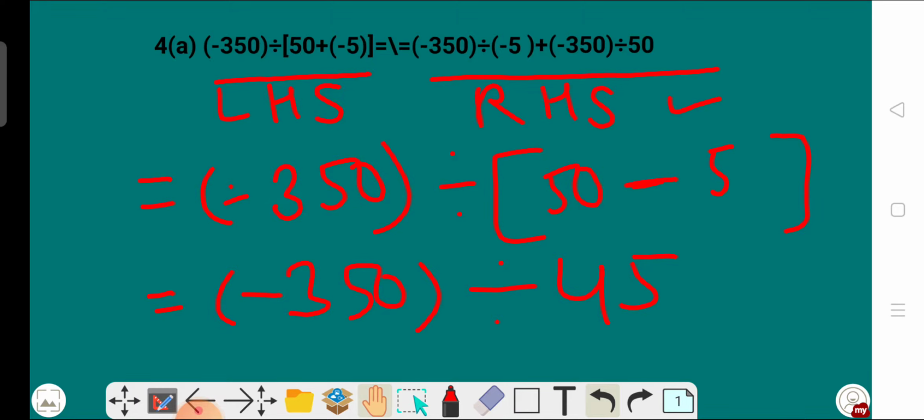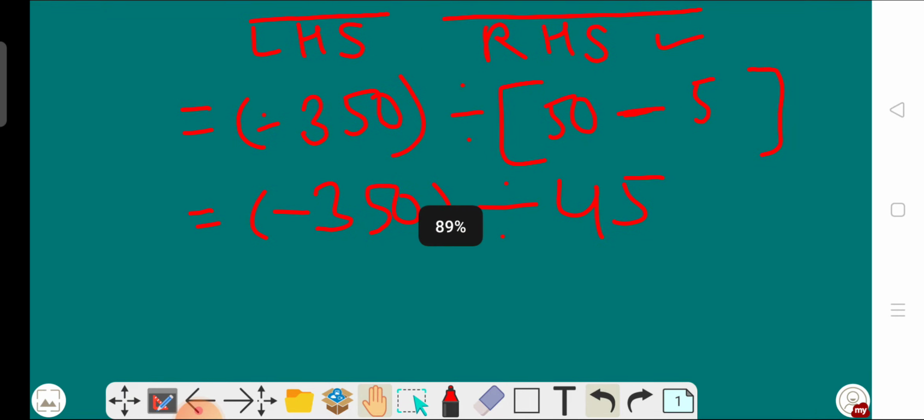So this is equal to minus 350 by 45. So beta, when we divide minus 350 by 45, what do we have?